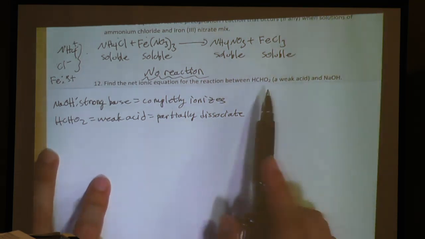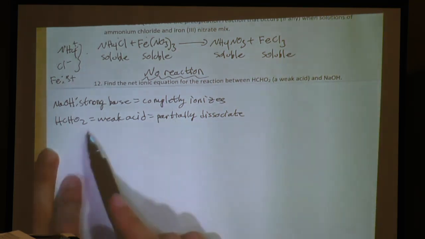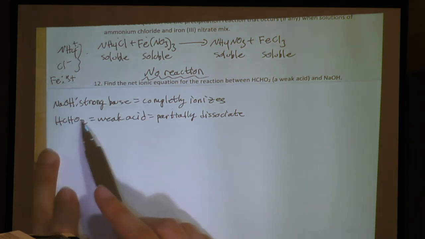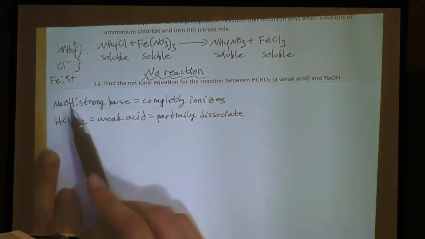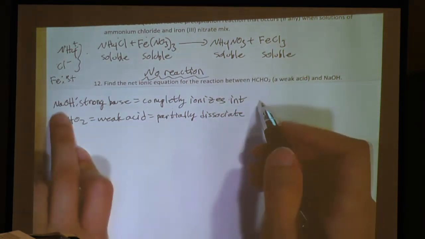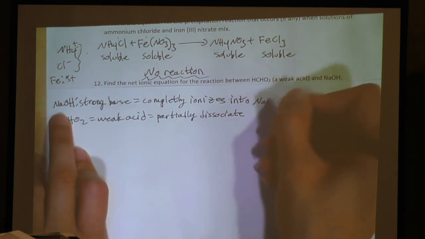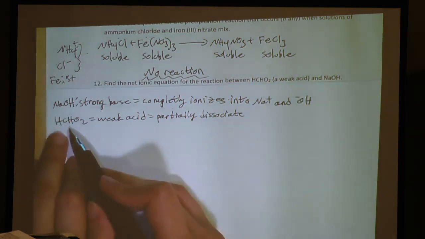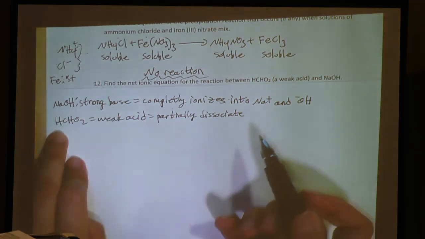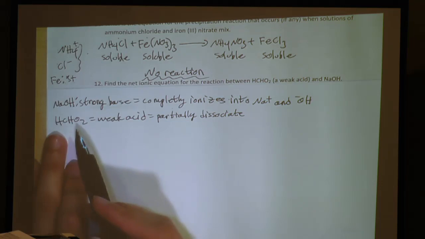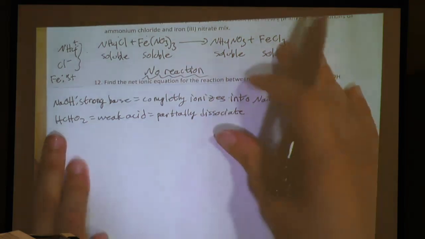But it gets a little tricky because we know that this partially dissociates, but what is going to dissociate? What is going to detach from each other? We know that when this ionizes, NaOH is going to ionize into Na plus and OH minus. But what is HCHO2 going to ionize into? That we're going to have to look into the definition of an acid to find out.